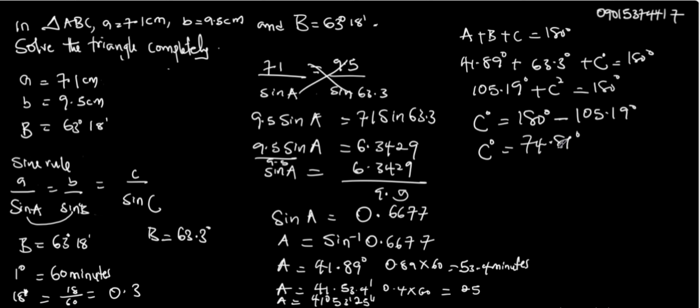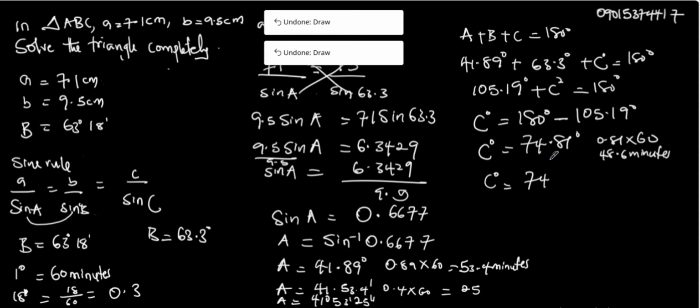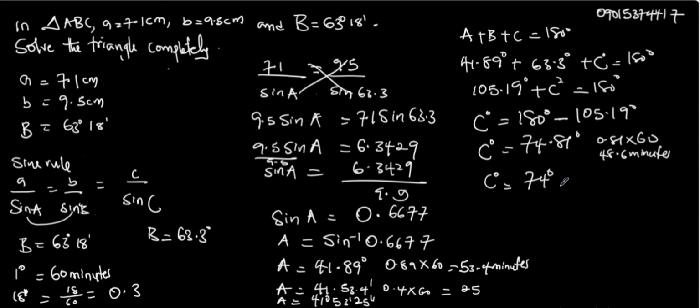So we need to convert 0.81 to minutes, which will be 0.81 times 60. 0.81 times 60 is equal to 48.6 minutes, which means our C degree is equal to 74 degrees, then 48.6 minutes.